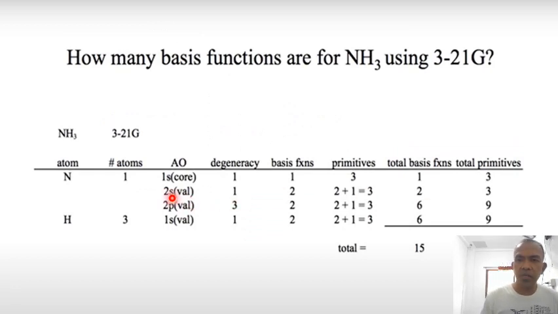How many basis functions are there in an ammonium molecule using 321G? We will do a quick example here. It's like counting up basis functions. Counting basis functions is a useful exercise because the time spent on a calculation is dictated to some extent by how many basis functions there are. Remember that the number of basis functions gives you the dimension of the secular determinant that you need to solve.